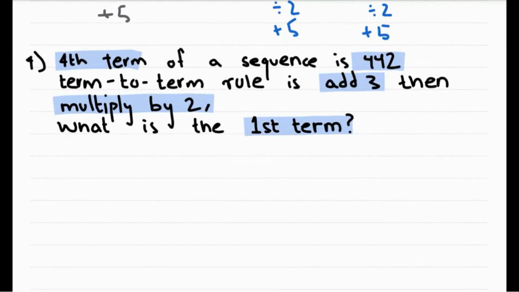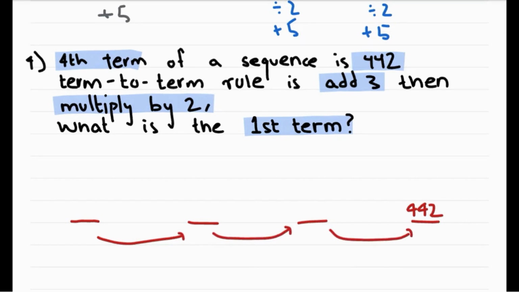They've given us the fourth term, which is 442. And the term to term rule is, let's draw these, to add 3 then multiply by 2, add 3 then multiply by 2, add 3 and then multiply by 2.